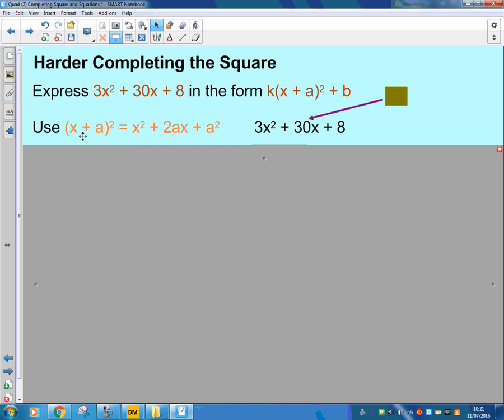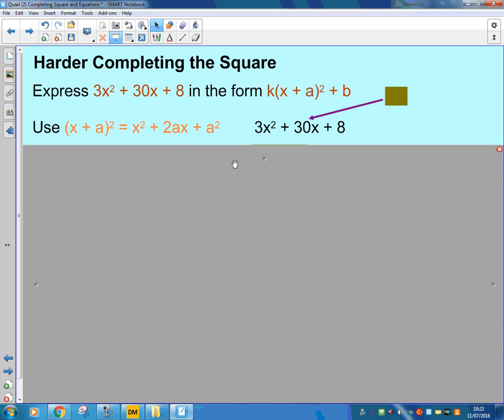If x plus a squared, notice that on the previous one I said x minus a all squared became x squared minus 2ax plus a squared. x plus a all squared, when you expand it, becomes x squared plus 2ax plus a squared, because it's x plus a times itself.